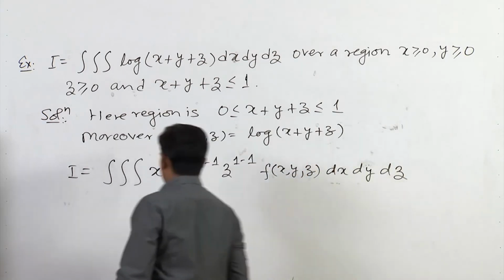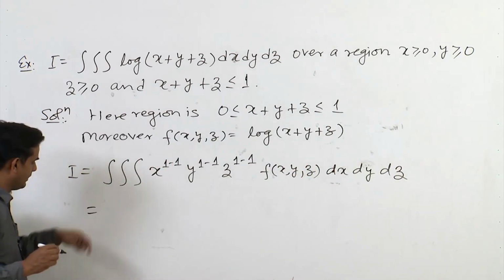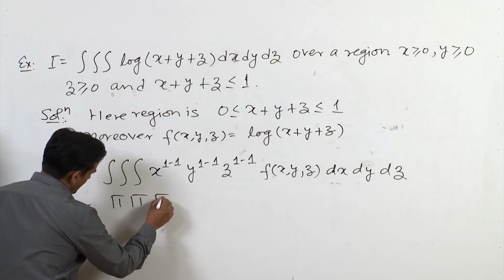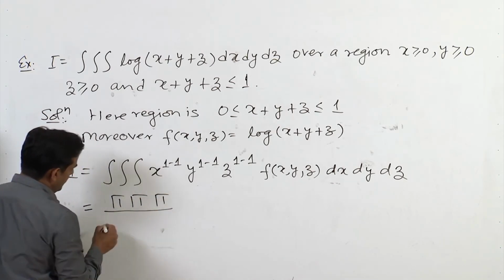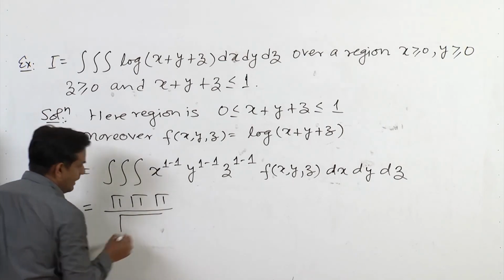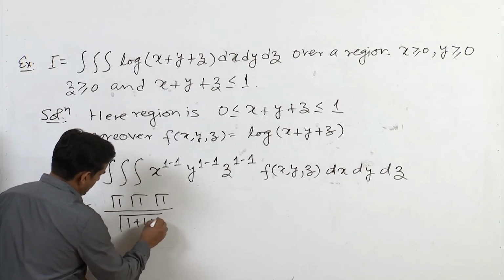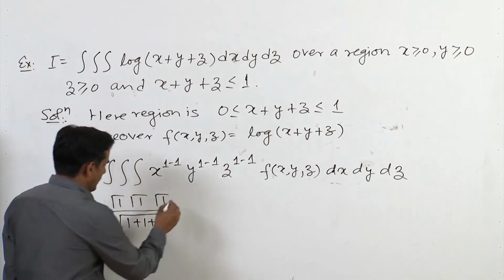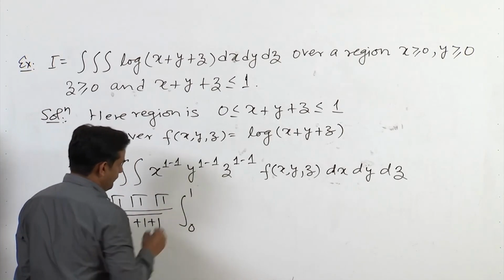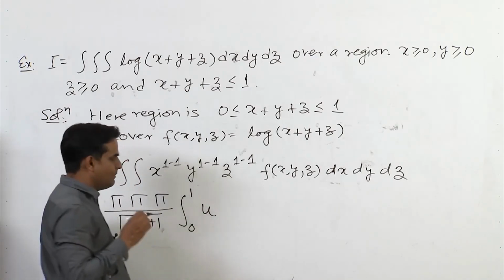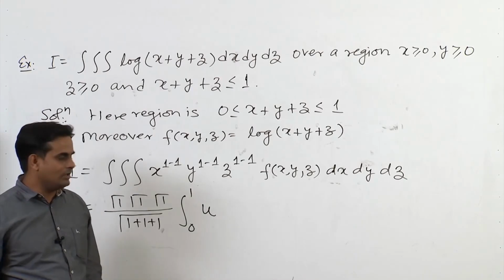So, by the formula it will be equal to gamma L, gamma M, gamma N, all are 1, upon gamma of L plus M plus N, so 1 plus 1 plus 1, integral 0 to 1 u raised to power L plus M plus N minus 1.